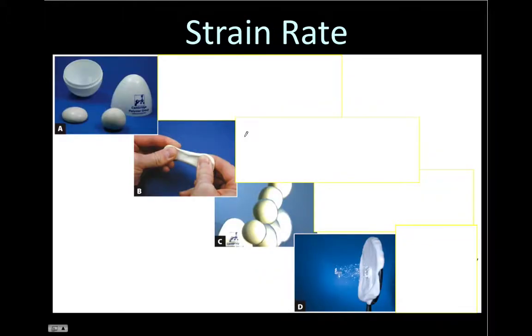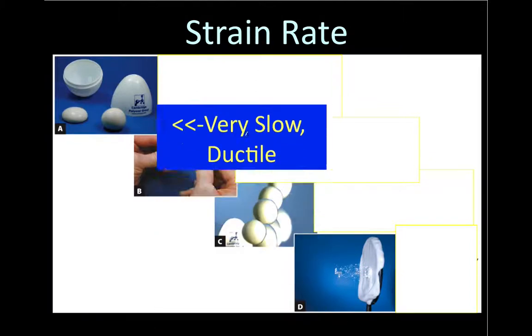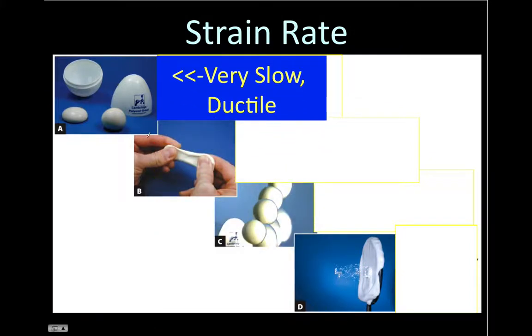The rate that the rock is strained is also a controlling agent. Like for example, in this first picture, I have just a ball of silly putty that's been allowed to sit on the table for a couple of weeks. And very slowly, that silly putty is being pulled down by gravity. And so a very slow rate of deformation will lead to a ductile deformation.